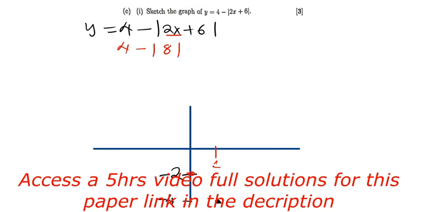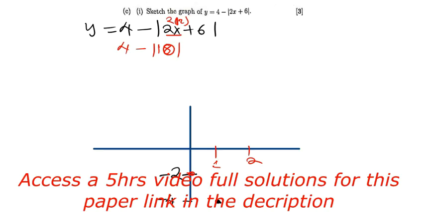And then if you try 2, as you might guess, it's going to be getting down and down. So that's going to be 2 times 2, that would be 4, plus 6, that would be 10. 4 minus 10 is going to be a minus 6. So it will be getting down and down.